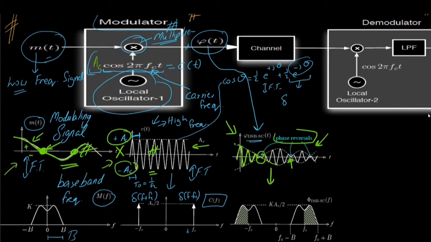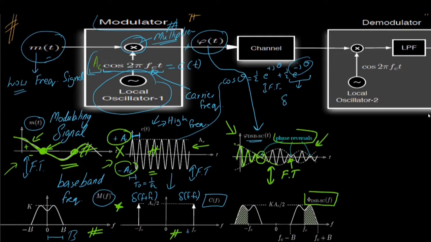How can we determine its Fourier transform or its spectrum, that is phi DSBSC of f? Using a simple property, if we multiply in the time domain, in the frequency domain we convolve. So this signal is going to convolve with this signal.